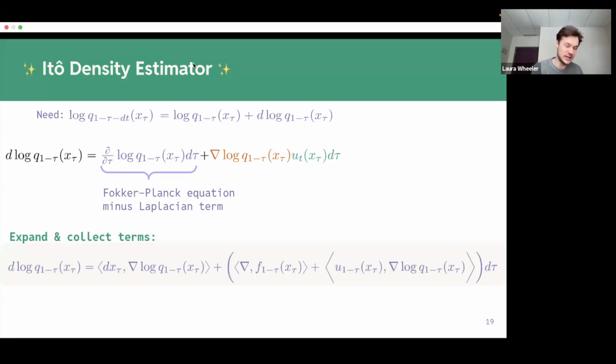We just know the density. If we assume that the score is correct, then the only source of error that we have is the discretization error when we integrate either the ODE or SDE. But this is something that we all accept when we generate from diffusion models.